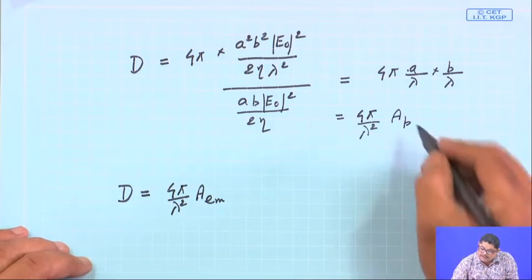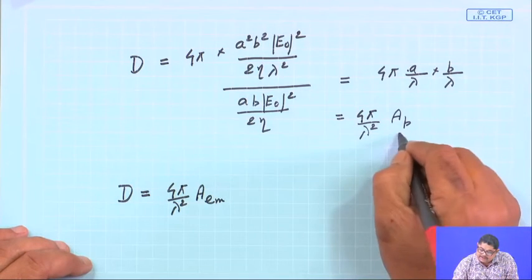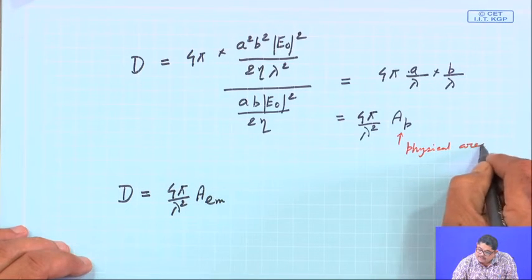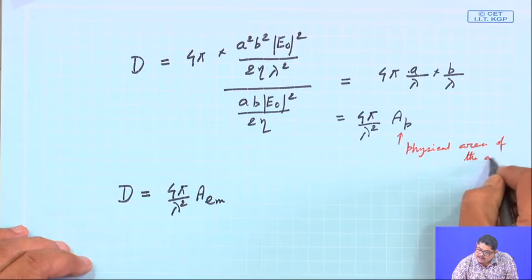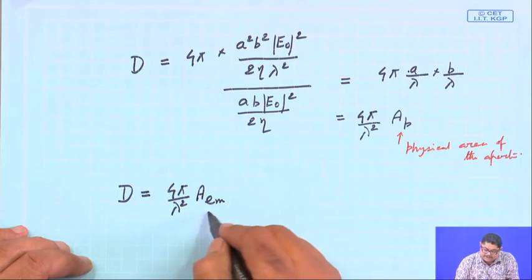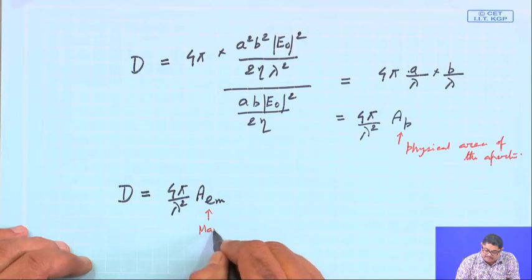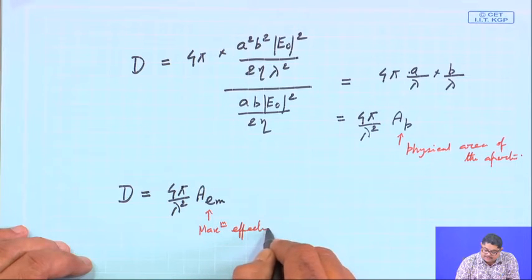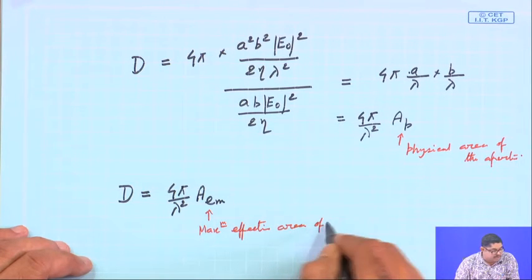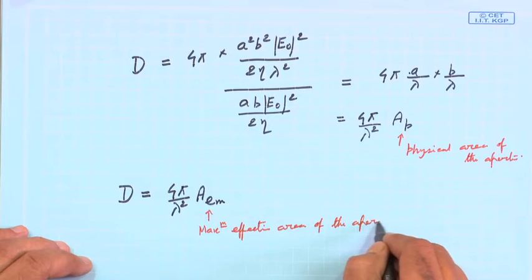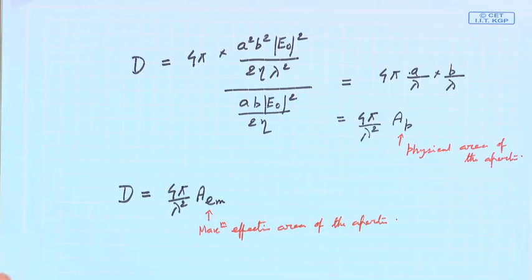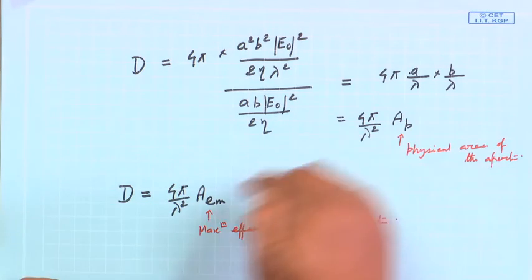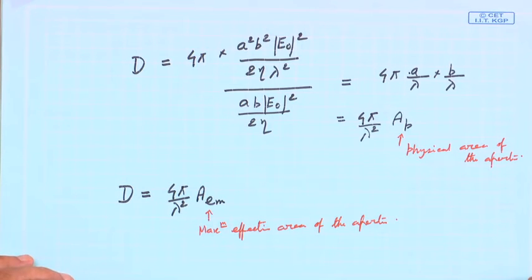So, you see this is the physical area of the aperture, and this is the maximum effective area of the aperture. So, it turns out that in this case both A_P and A_EM are the same.